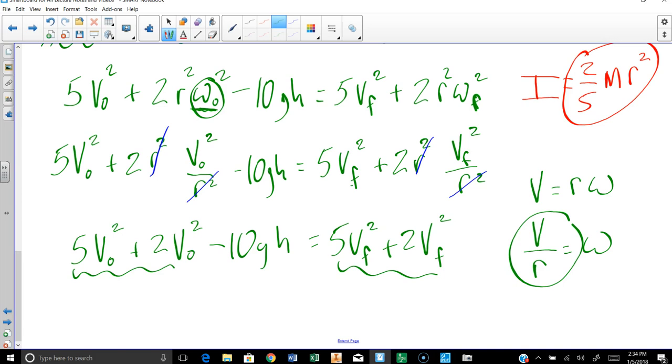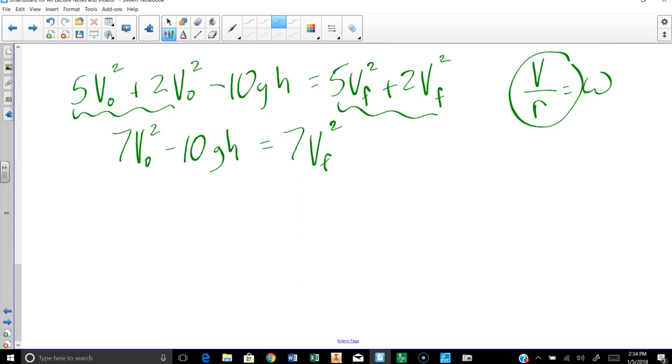So 5 v0 squared plus 2 v0 squared, I have 7 original velocity squared, minus 10 times gh, equals 7 v final squared. But I'm looking for that v final. So 7 times the v original squared minus 10gh, divided by 7, will equal v final squared.